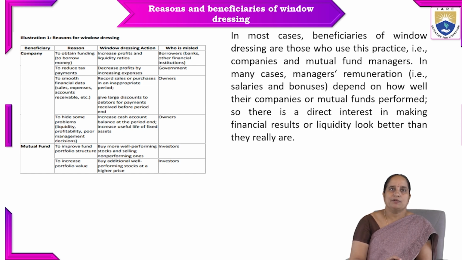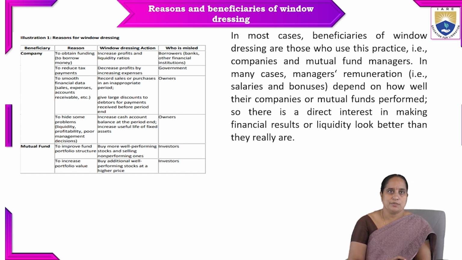Then coming to hide some problems like liquidity, profitability, poor management decisions, the window dressing action taken by the company is to increase the cash account balance at the period end and increase the useful life of fixed assets. In this case, owners are misled by the window dressing action.